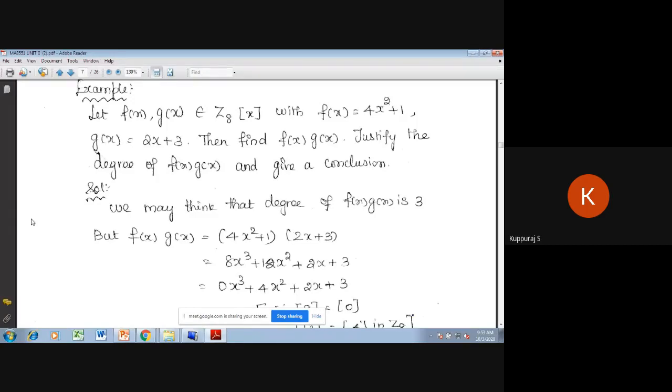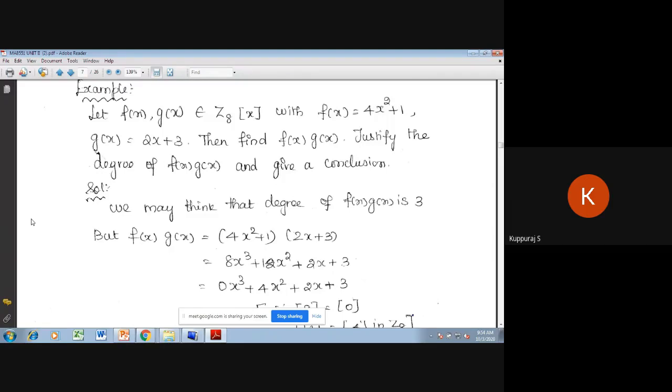Since f(x) and g(x) belong to Z_8[x], 8 is the coefficient of x cubed. That 8 will be divided by the mod value 8, and you get the remainder 0. So 8 is congruent to 0, so the coefficient of x cubed becomes 0.